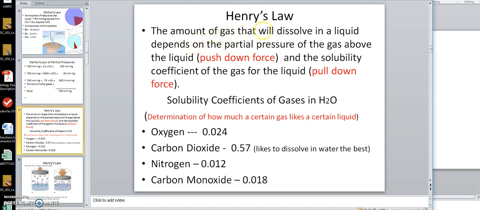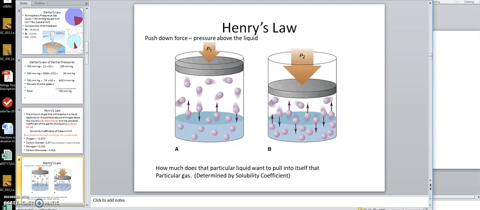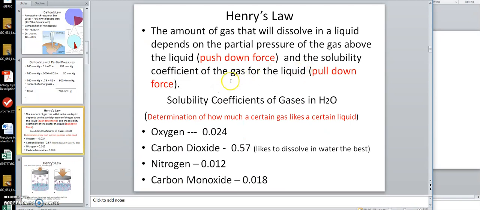So the amount of gas that will dissolve in a liquid depends on the partial pressure of the gas above the liquid, and that partial pressure is pushing down. And it depends on the solubility coefficient for the gas in the liquid. In other words, how good does that particular liquid like that particular gas?